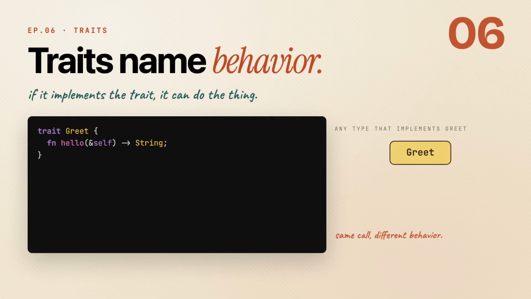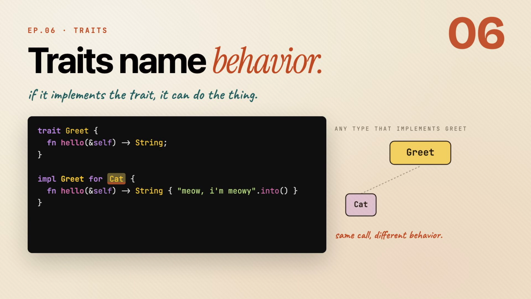We have seen the types. Now we're gonna explore the behavior, which is a trait, a promise about what a type can do. Over here, the trait Greet says anything with this trait has a hello, and it names it and doesn't write it yet. Then each type fills it in. Cat implements Greet, its hello returns meow, and that's the cat's version of the promise.